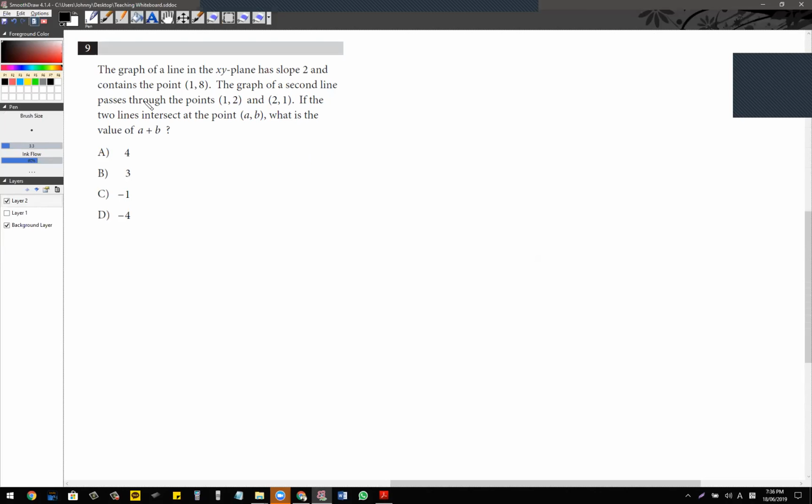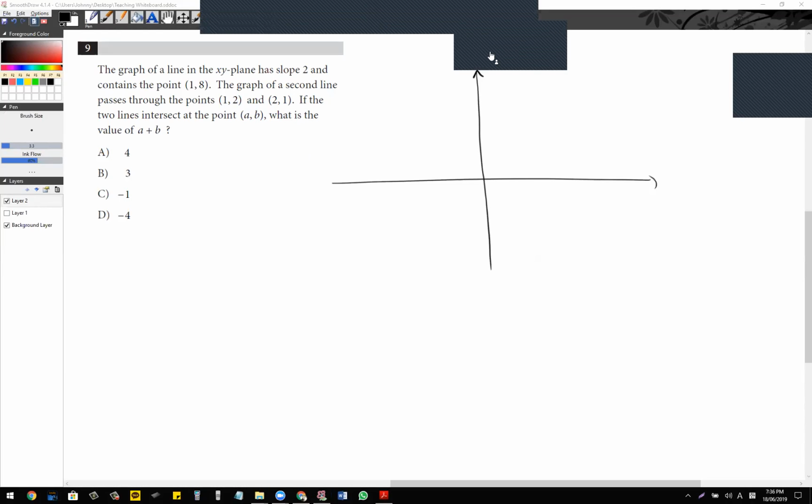The graph of a second line passes through these 2 points. If the 2 lines intersect at point (a, b), what is the value of a plus b? So it's pretty complicated, right? But you can plot this one. So can you point maybe somewhere that is pretty close to (1, 8)?